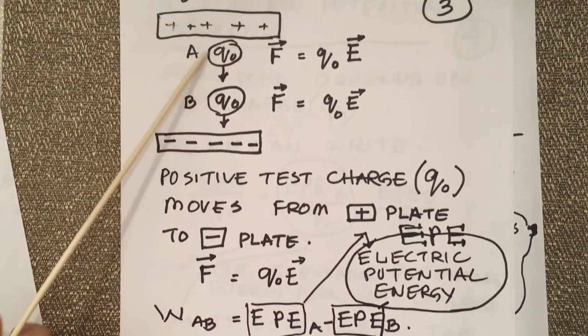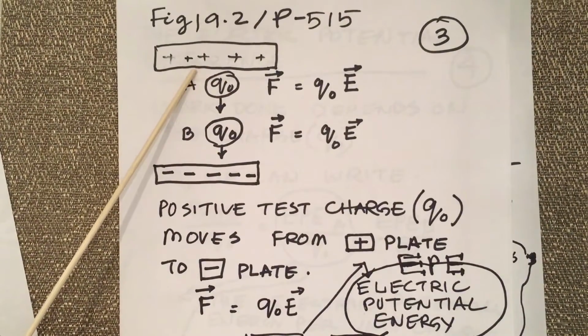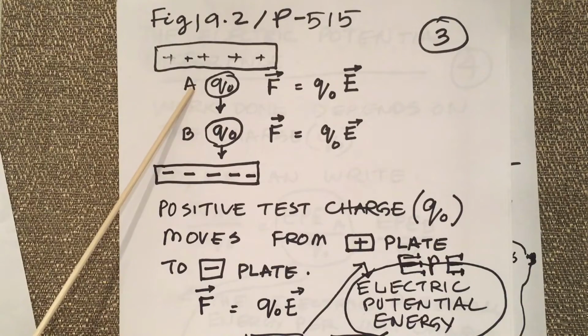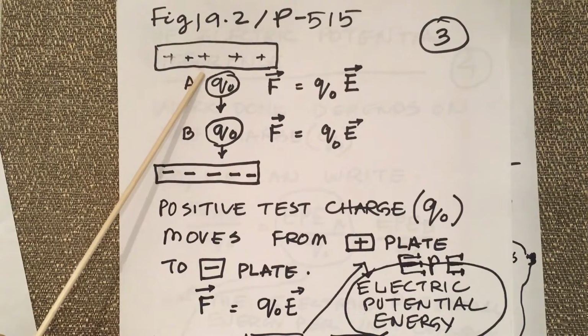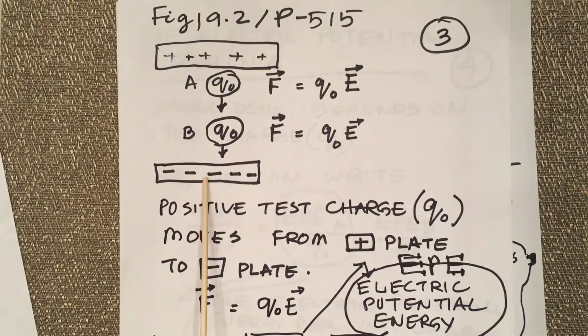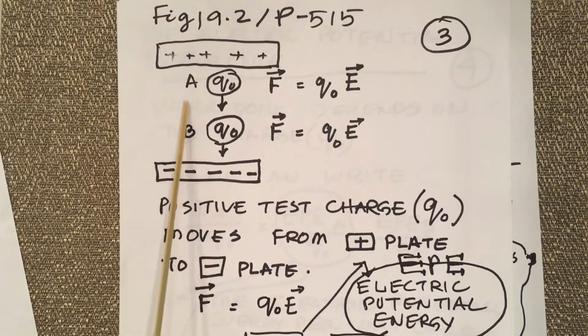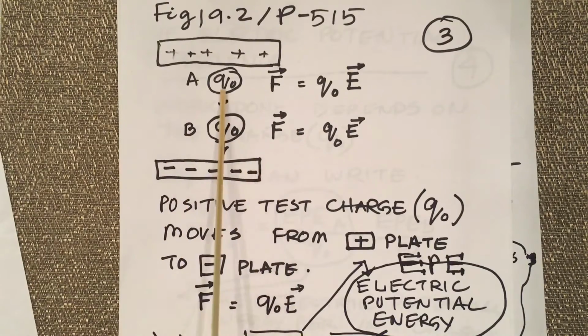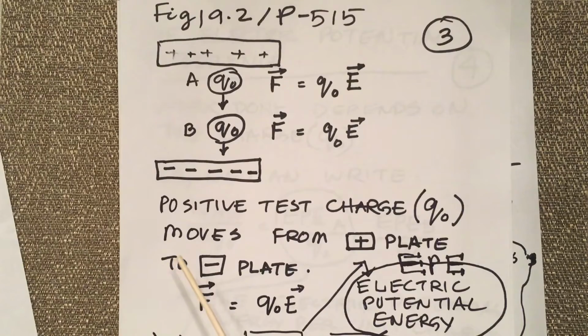Let's say point A is here, which is closer to the positively charged plate. B is closer to the negatively charged plate. So this is the distance the test charge travels. That's how you calculate the difference in the energy, which is work done.